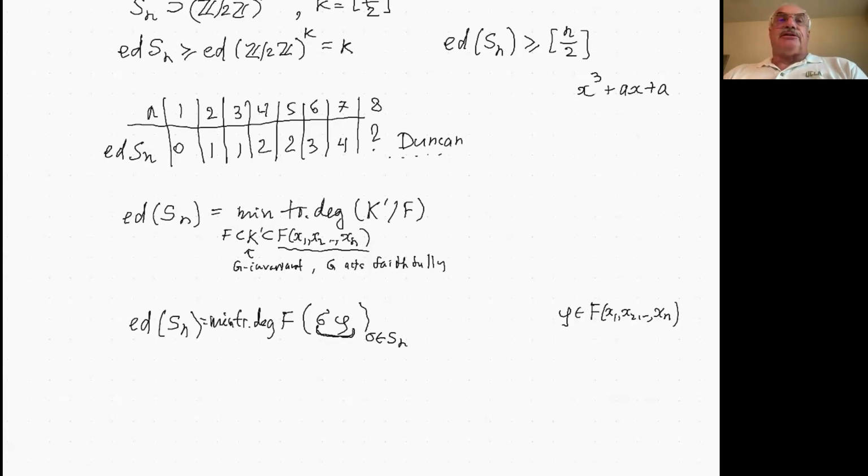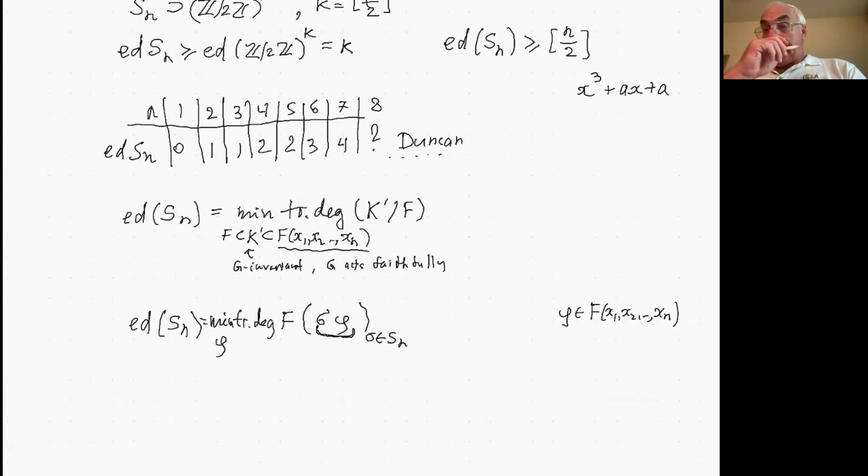So you need to find a function which is not really symmetric, and such that this transcendence degree is as small as possible. So we have sufficiently many algebraic relations between those functions sigma of phi.